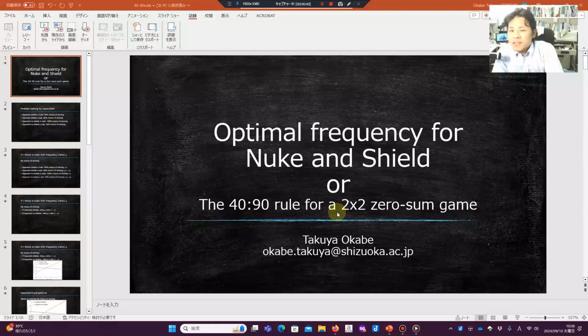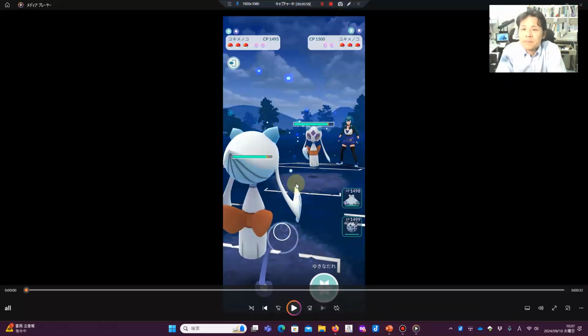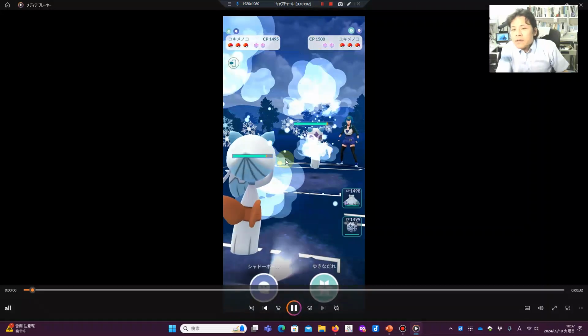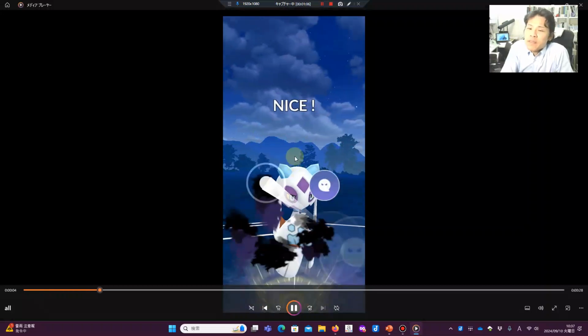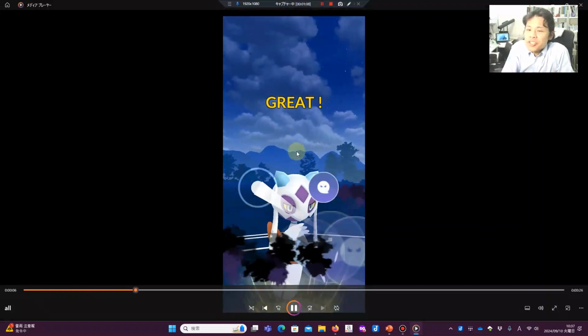The opponent, the defender, has two choices. One is to shield, and the other one is not to shield. So this is a 2x2 game, and there are four cases. One, I throw a nuke move and the opponent shields.